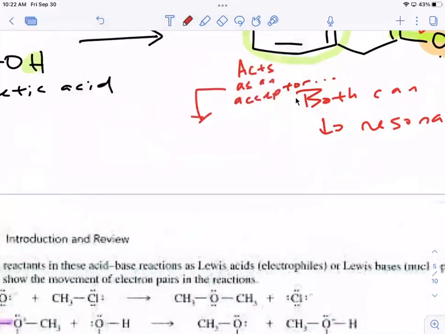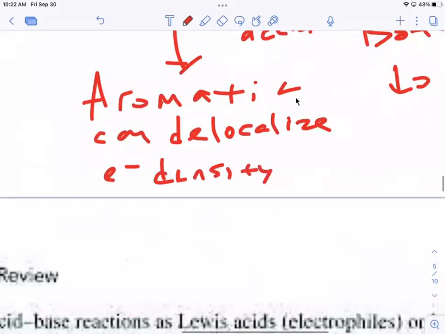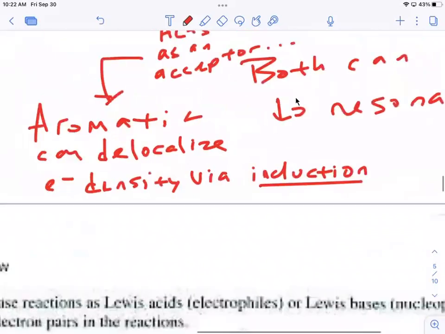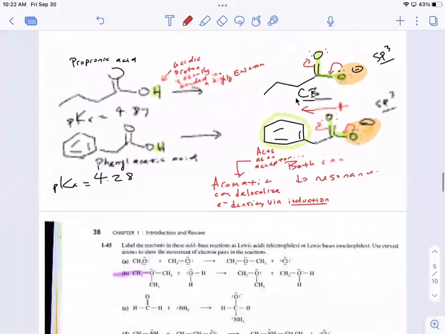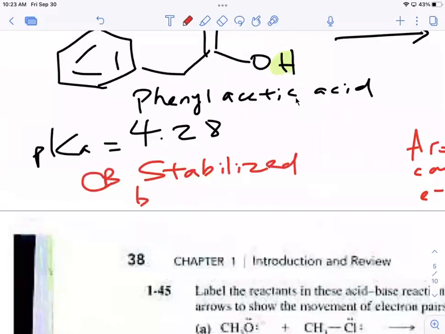So the aromatic can delocalize electrons or electron density via induction. So this phenylacetic acid, the conjugate base, is stabilized by induction and resonance.